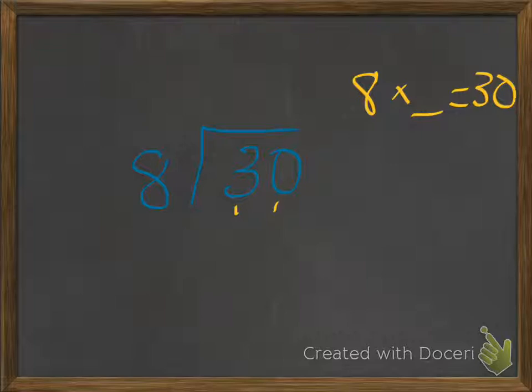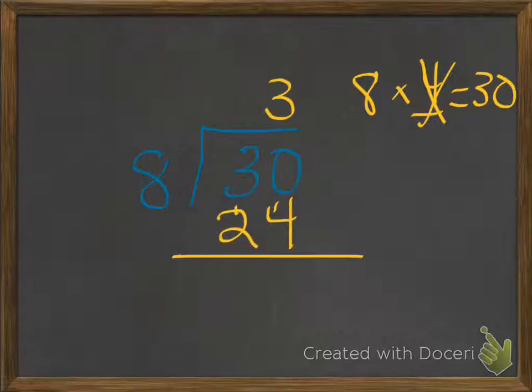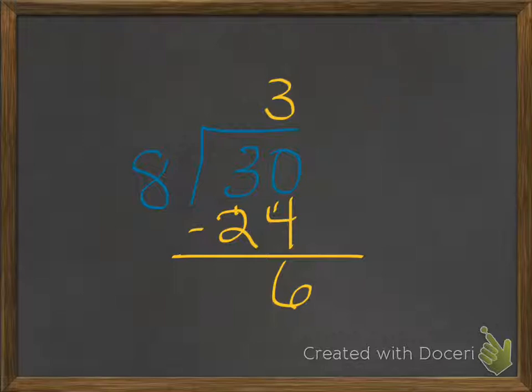So if I get to 4, that's too high, so it must be 3. So 8 times 3 is 24, and then 30 minus 24 is 6. So I'm going to need 3 trays with a remainder of 6.